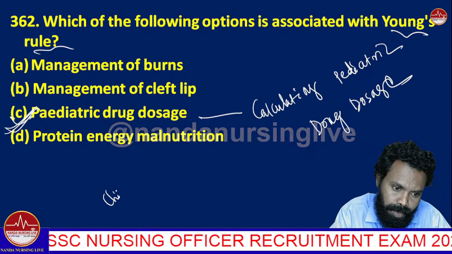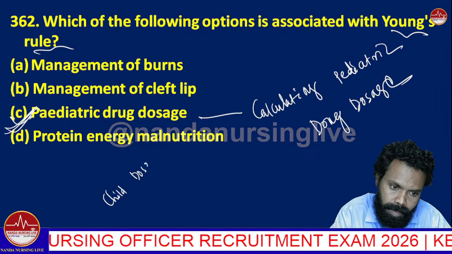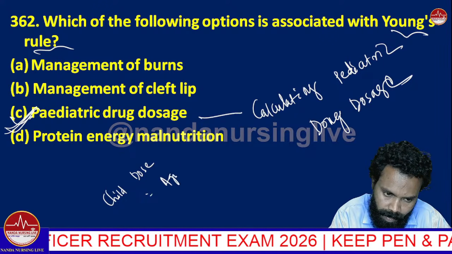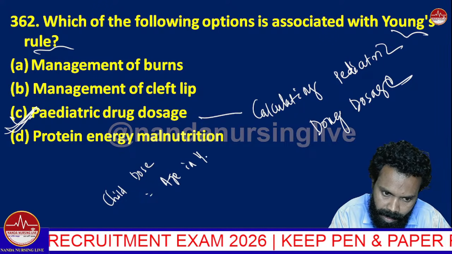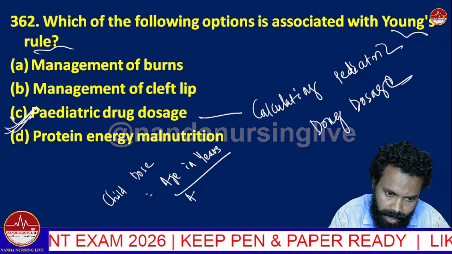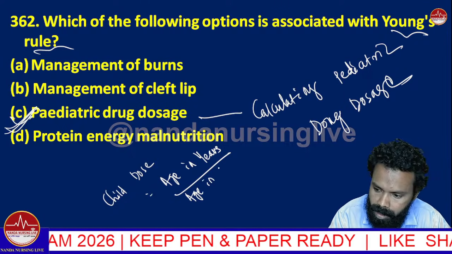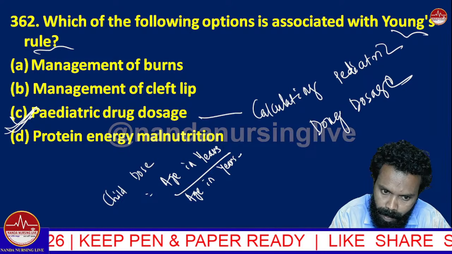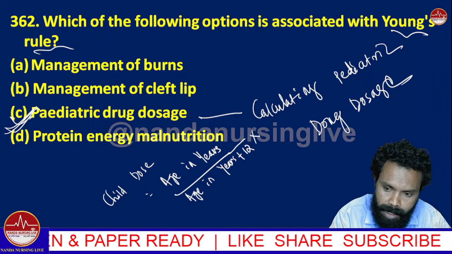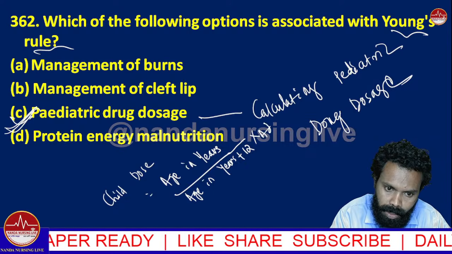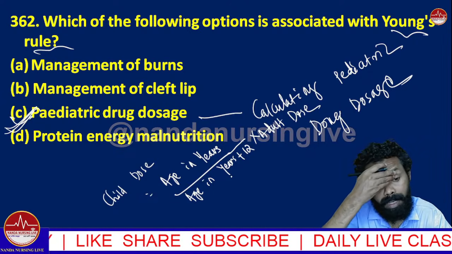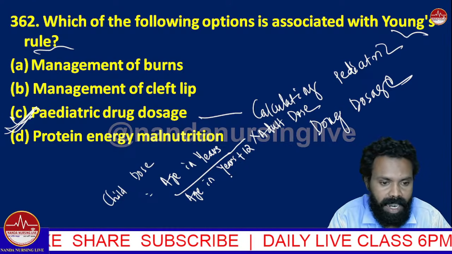What is Young's rule formula? Child dose equals age in years divided by age in years plus 12, into adult dose. This is Young's formula for children, for pediatrics.